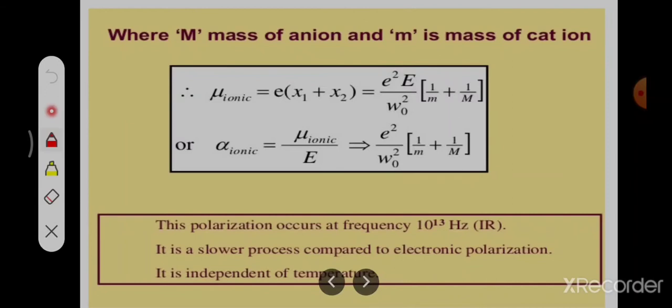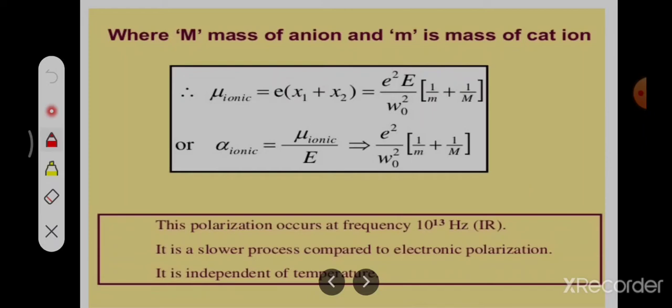Mu ionic is equal to e into (x1 plus x2), which is equal to e square E whole divided by omega naught square into (1 by small m plus 1 by capital M). From this, alpha ionic is equal to mu ionic whole divided by capital E. By substituting the mu ionic formula, alpha ionic is equal to e square whole divided by omega naught square into (1 by small m plus 1 by capital M).